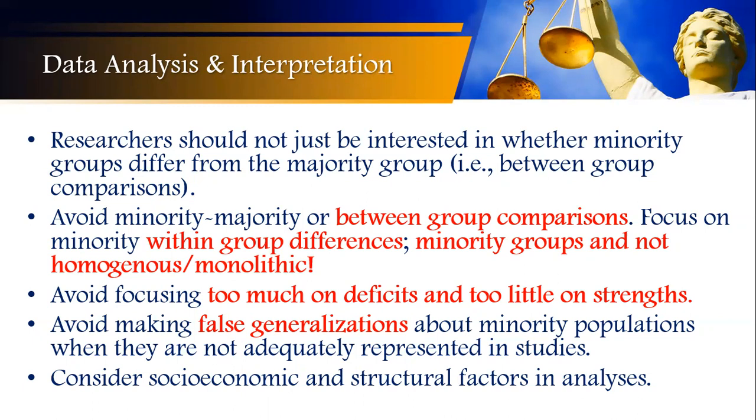And so we don't want to ignore these structural factors as if they don't exist. We want to account for those structural factors in understanding how they shape the human experience for certain groups. So in our analysis and interpretation of data, we want to be sure that we account for those factors as well.